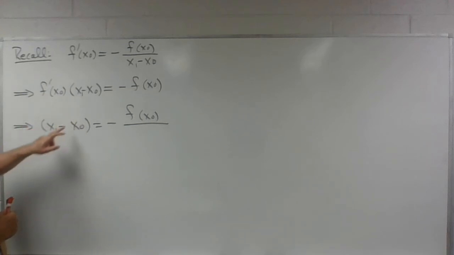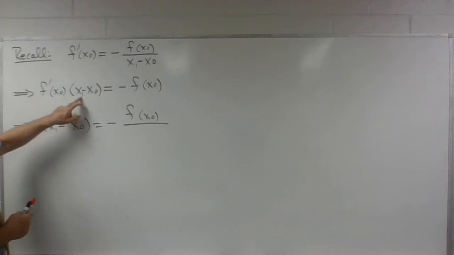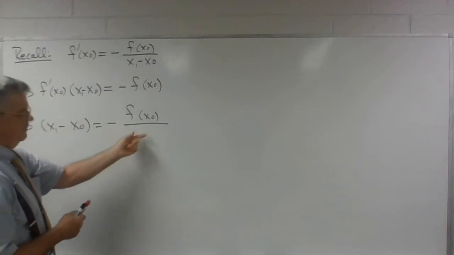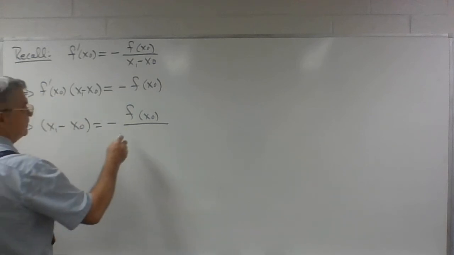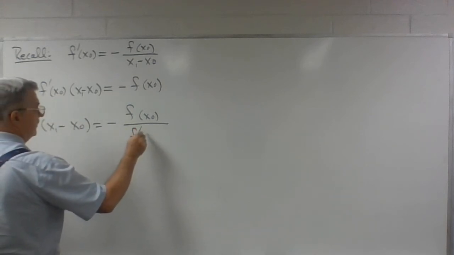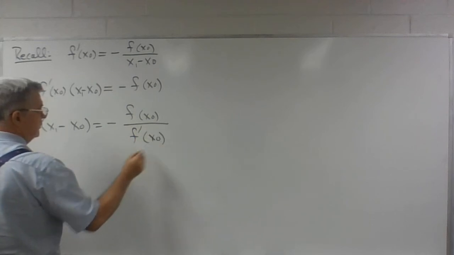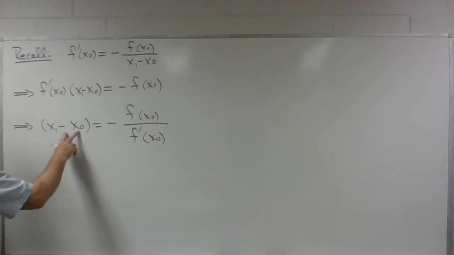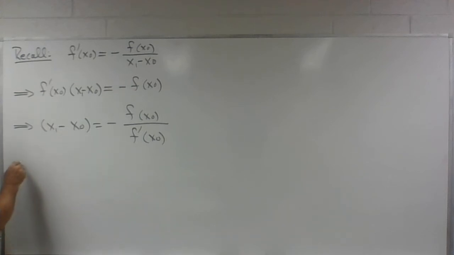I'm still looking for x of 1. And so to solve for x of 1, I'm going to move this f prime of x naught to the other side. Oh, this is looking good. Now all I have to do is move x naught to the other side.